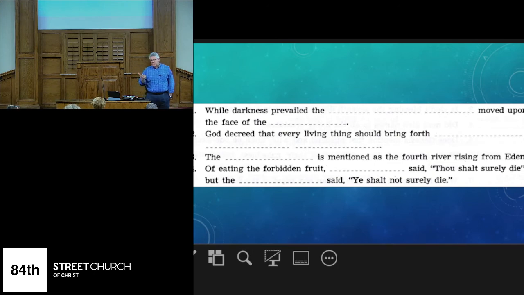But you're right. The fundamental flaw is having something come from nothing.